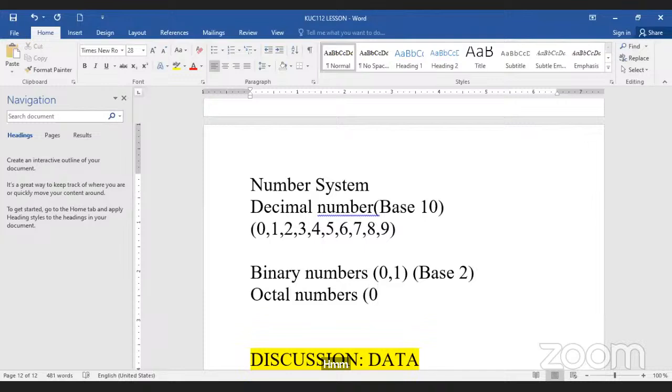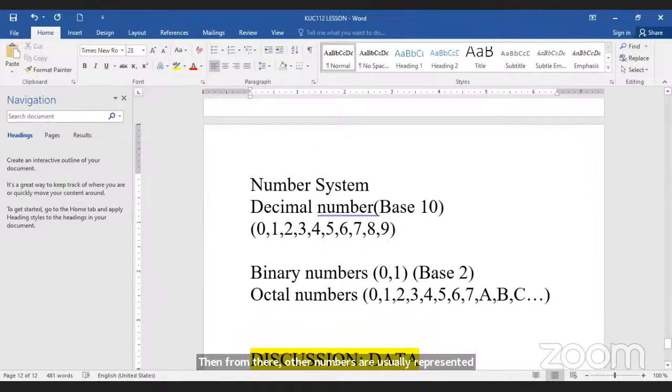That is 0, 1, 2, 3, 4, 5, 6, 7. So those are 8 numbers. Then from there, other numbers are usually represented as A, B, C. We shall maybe have a look at this next week.